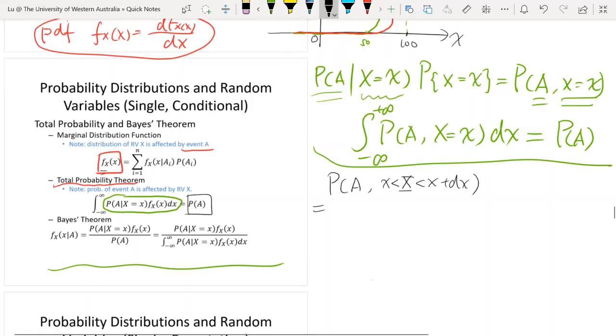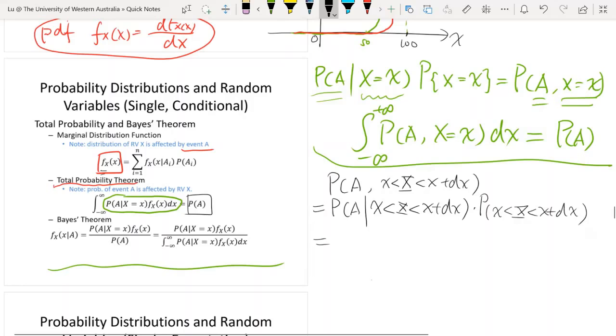First format, we are treating event A as subject to the second term. By using that hint we mentioned before, this should be multiplied by the probability of the condition, which is x to x plus dx. This is the first format.